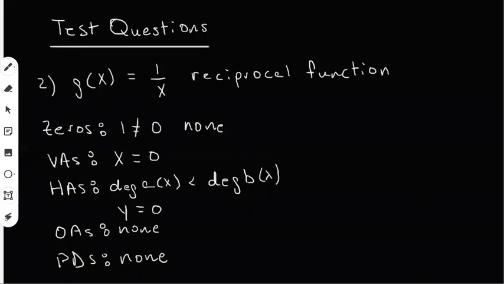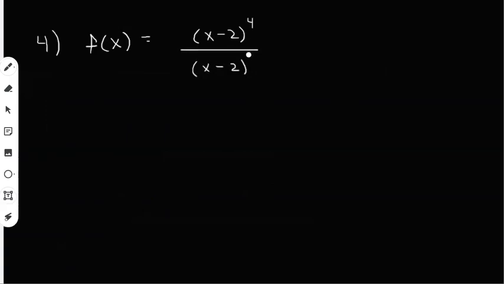All right. So number 4 is going to be a situation where you have 4 factors on top and 3 factors on the bottom. And all 3 of those on the bottom can be canceled out eventually. So let's do that. Okay, so I've got f of x equals (x minus 2) to the 4th power on top, and on the bottom, I have (x minus 2) to the 3rd power.